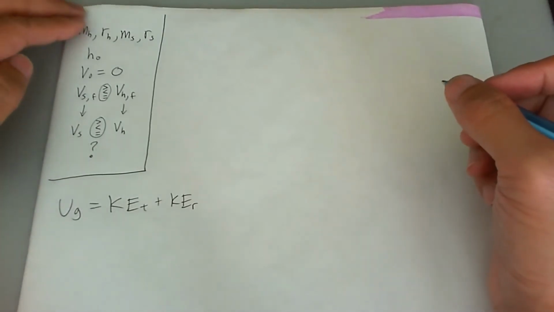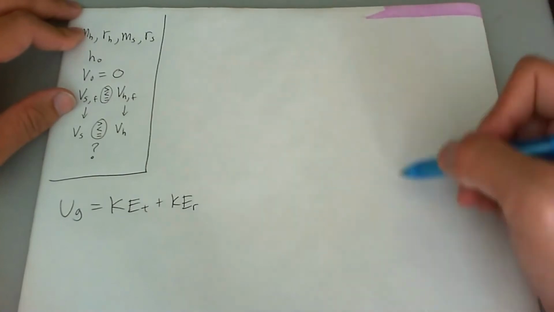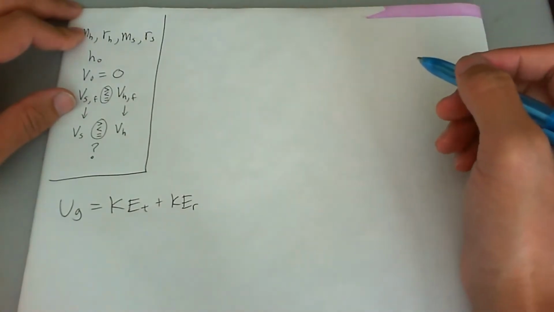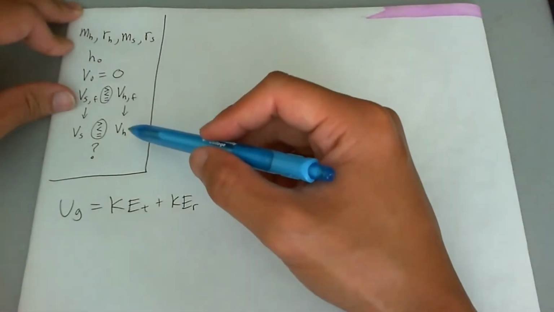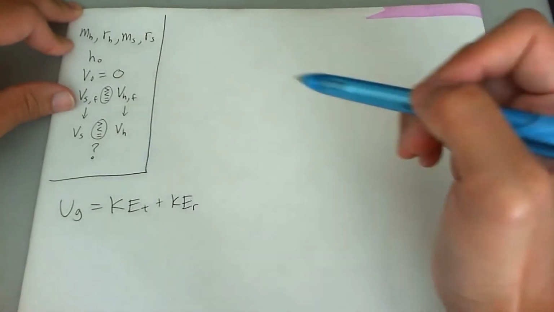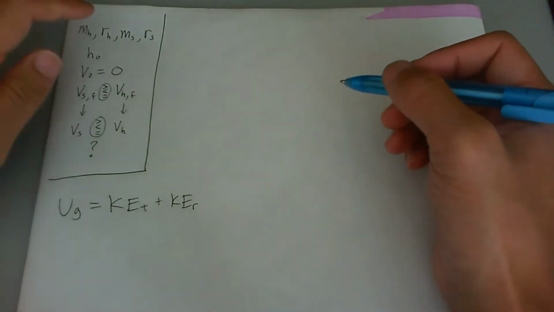Then I'm going to break it up into two sections, a hollow cylinder here and a solid cylinder here. I'm going to analyze their conservation equations, try to find their final velocities, then compare the two. That's the strategy I'm going to conduct right now.